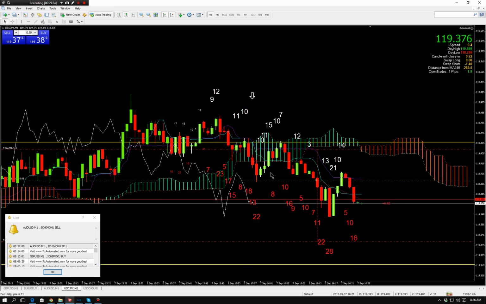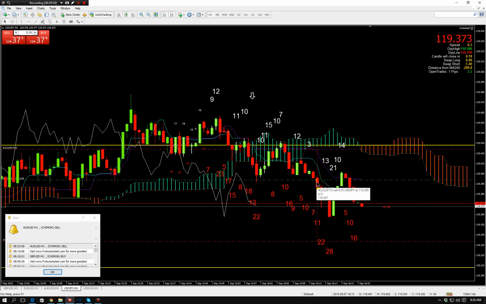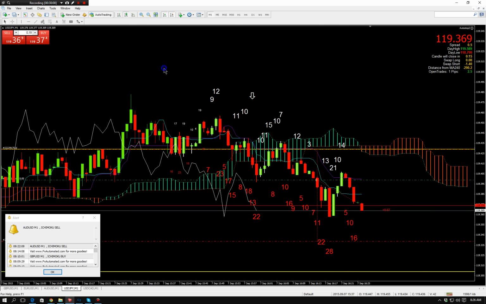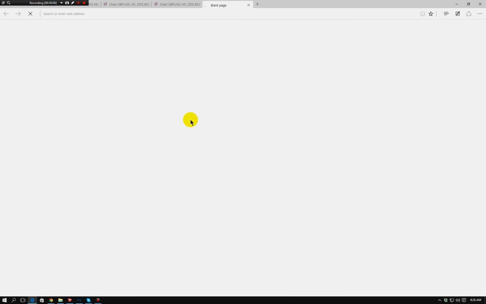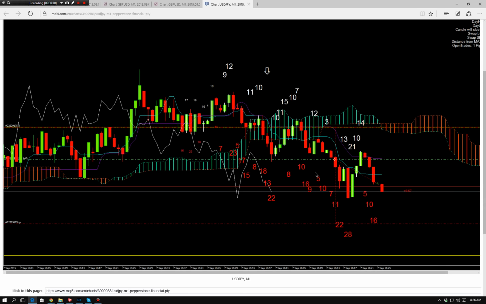This was our entry point. Why was this our entry point? Let me zoom in. Actually, here, let me just take a picture and I can draw on it since we're doing that today. Okay, so with Ichi, we're looking for momentum plus a breach of a swing high, swing low. Just because it comes out of the cloud is not an entry.